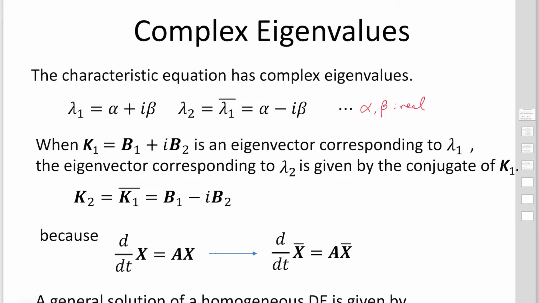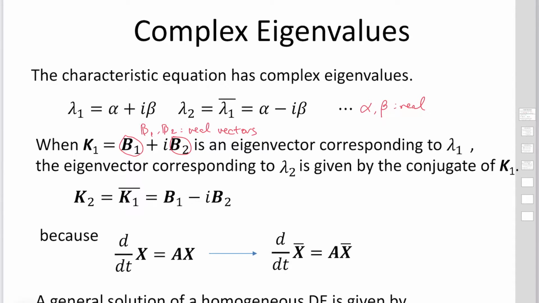Then k sub 1 is an eigenvector corresponding to the eigenvalue lambda sub 1. The k sub 1 has a real part b sub 1 and an imaginary part i b sub 2. So b sub 1 and b sub 2 are both real vectors with real components.